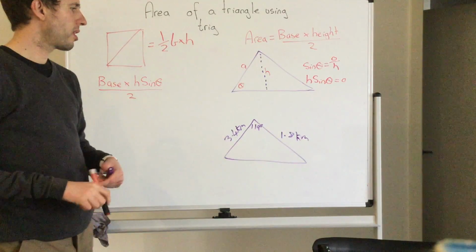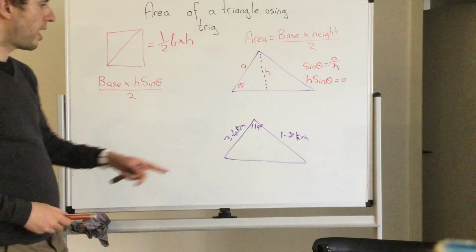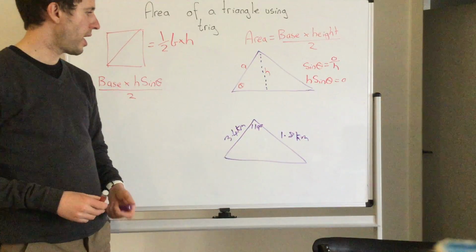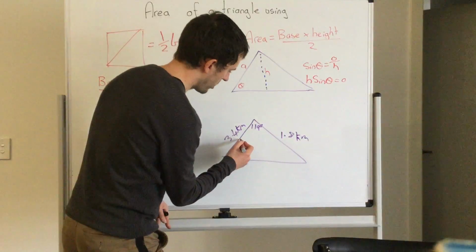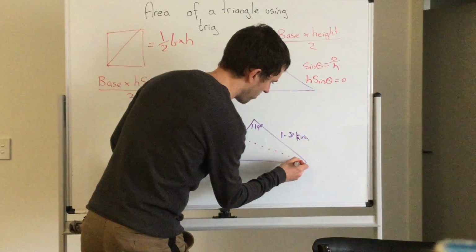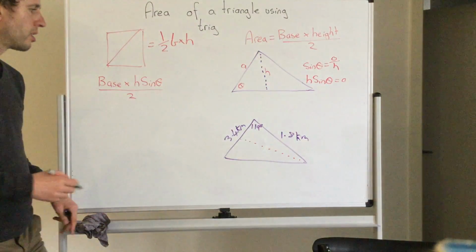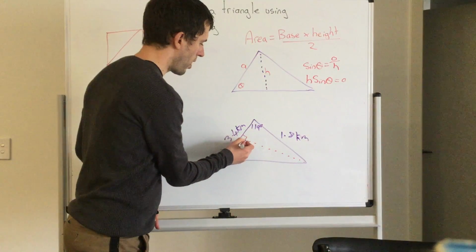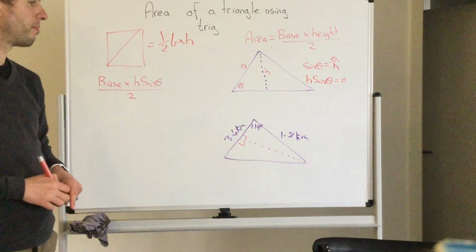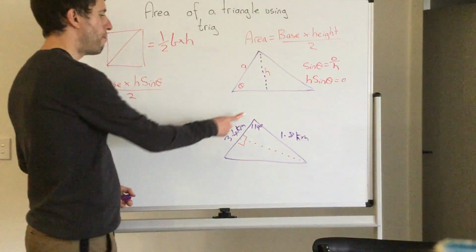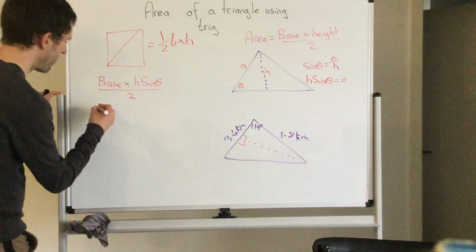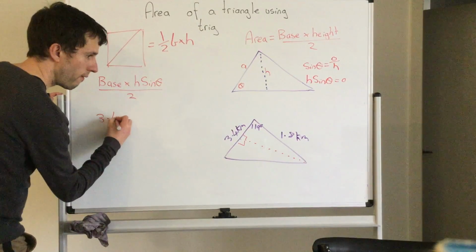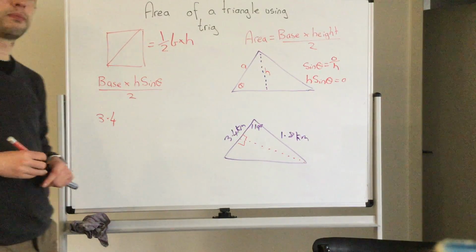So let's double check that. Right now I've got this is 119 degrees. So I'm going to cut this down the middle. So I've got two right angled triangles right here. Now I know my base is 3.4 kilometers.